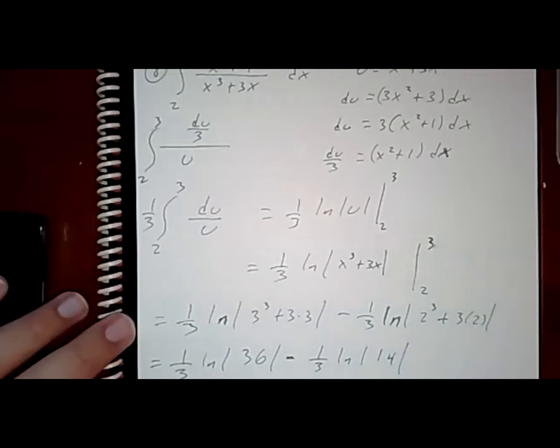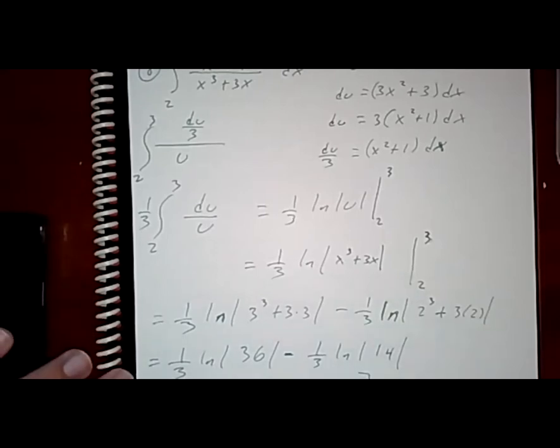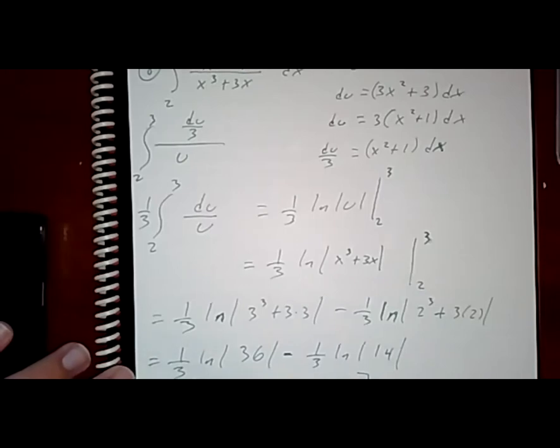Factor out the third. Now, if you're subtracting 2 logarithms, you divide, right? Remember? So you're going to get 1/3 ln of 36 over 14.